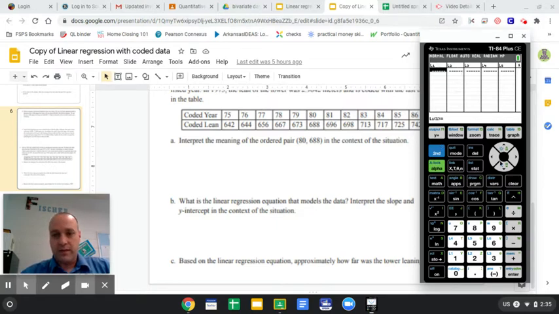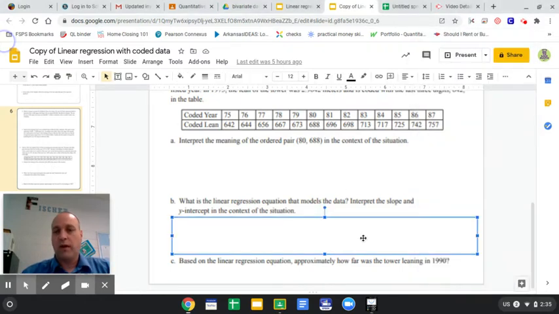Then you do stat, calc, linear regression again, and that's going to give you the linear regression equation. It tells you the slope and it tells you the y-intercept. So you just got to write y equals whatever the calculator says, and then plus b, which is whatever the calculator says. And then it says to interpret the slope and y-intercept in the context of the situation.